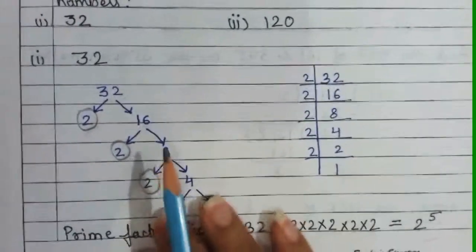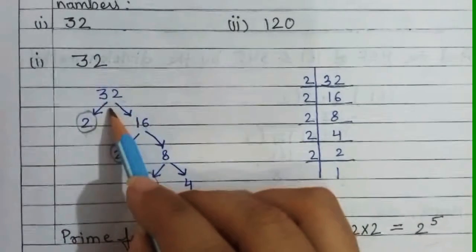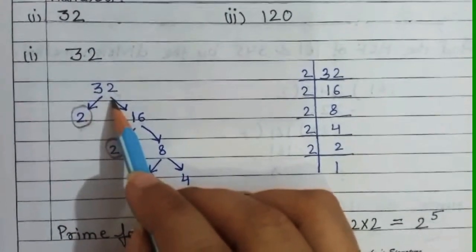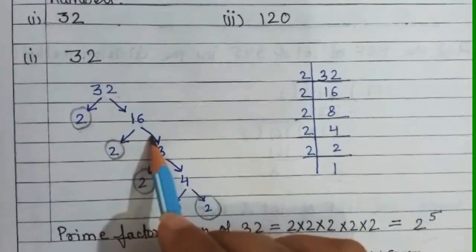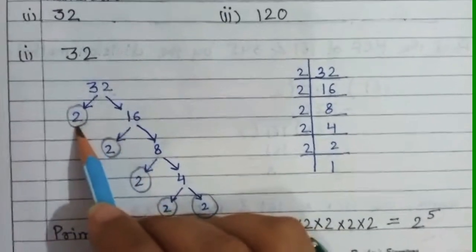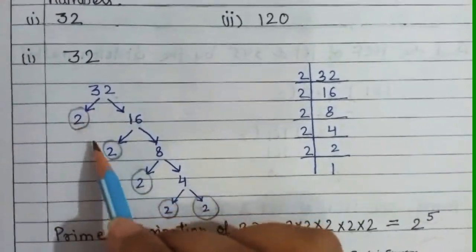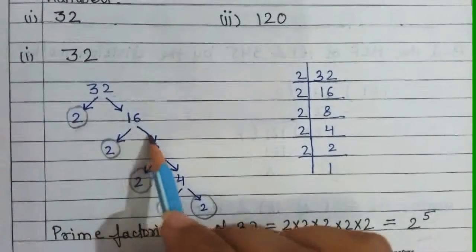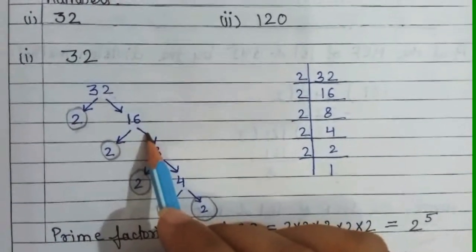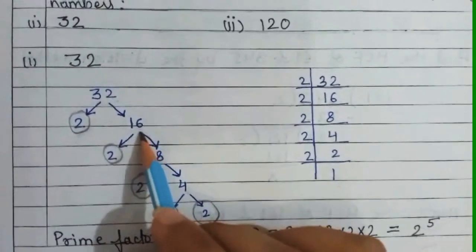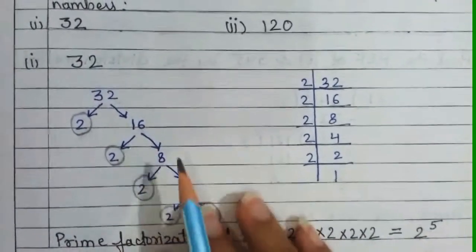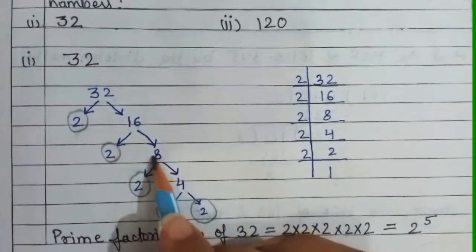In the factor tree method, first 32. 32 comes from 2 times 16. Right? Here I circle 2 as a prime number. Now 16 is a composite number, so again I split 16: 2 times 8.